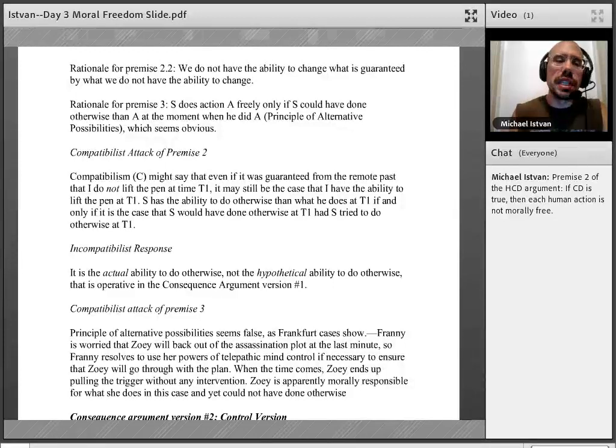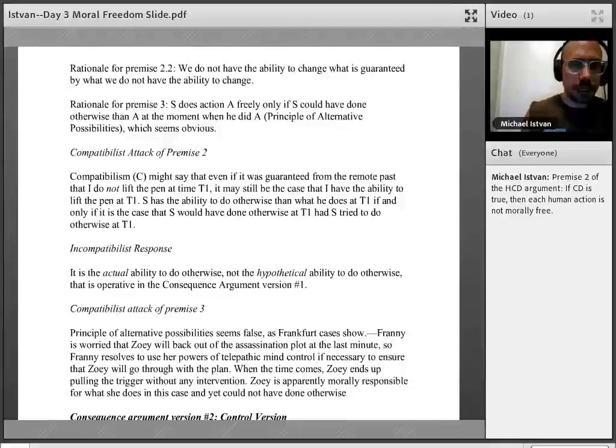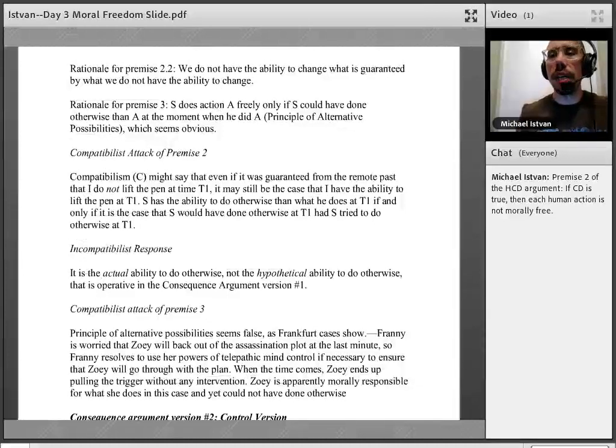What does this principle say? It says something like this. We do not have the ability to change what is guaranteed by what we do not have the ability to change.